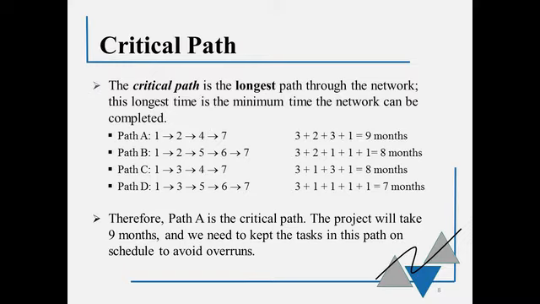It's called the critical path because to keep this project on schedule, to complete it in the shortest amount of time possible, we can't have any delays along that critical path, path A. There can be a little bit of delay in those other paths, and it won't delay the building of the house.